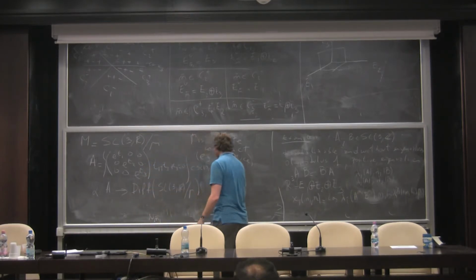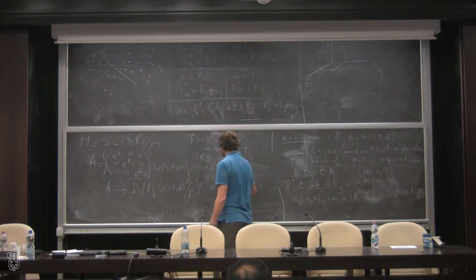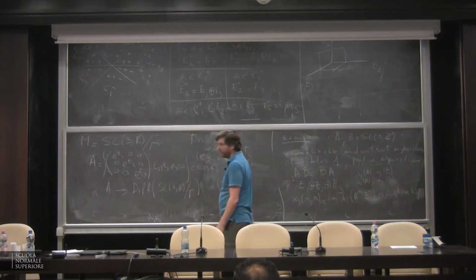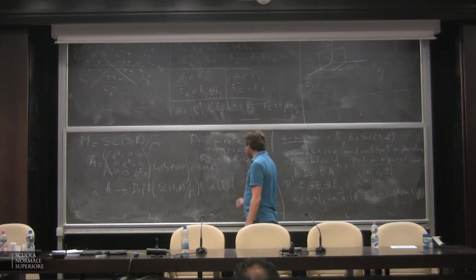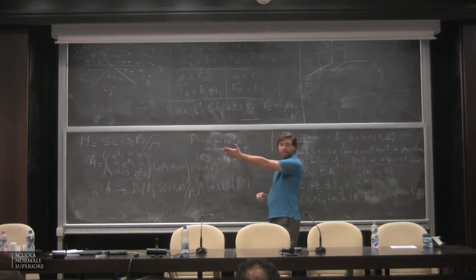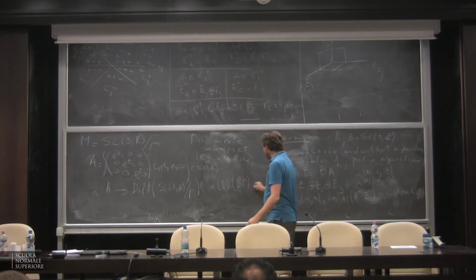And the way it acts is you take your particular diagonal matrix, you apply it to the matrix B times gamma, an element of SL3R mod gamma, and the way it acts is just d times B times gamma.